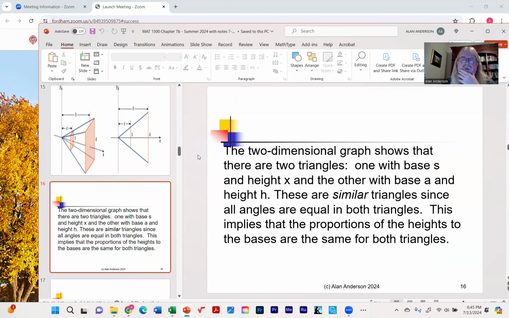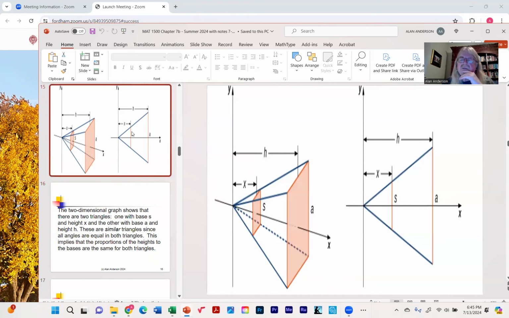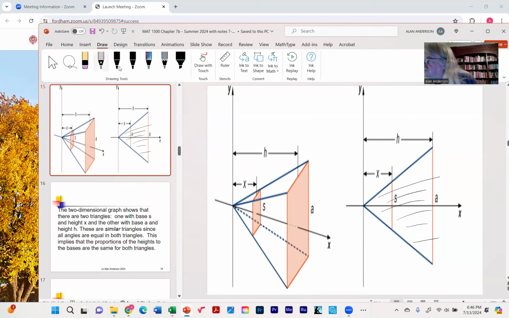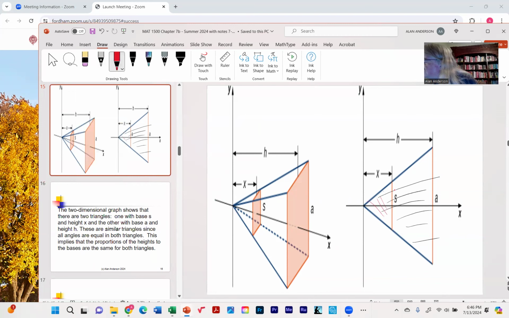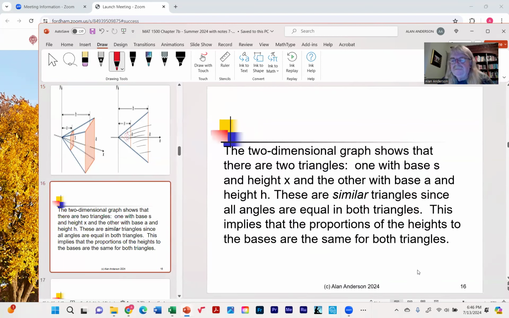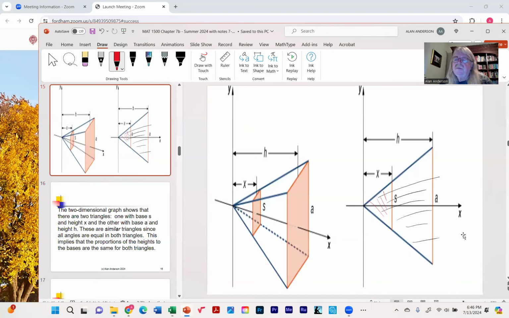So the two-dimensional graph shows that there are two triangles. The big one is here. The little one is here. So the logic here is that these are what we call similar triangles, meaning that they have all the same angles, which means that the proportions of the height to the base in each one is the same.